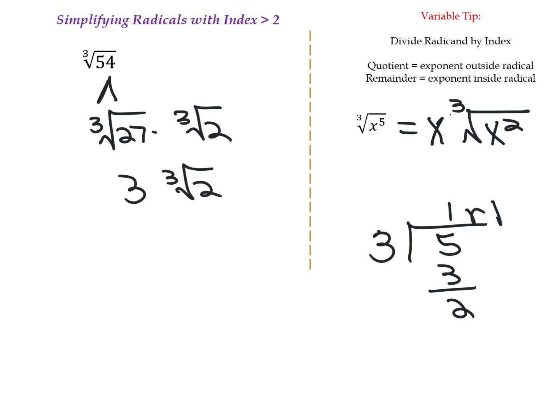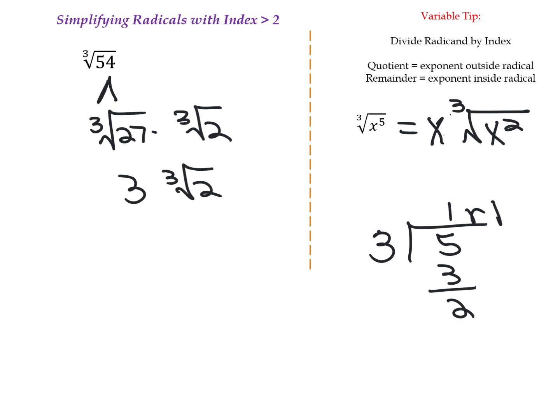So just by understanding that because this is an even number, I can divide it by 2, I can automatically get that perfect cube number in this example. So I'm going to write this as the cube root of 27 times the cube root of 2. Simplify the cube root of 27 by typing that into Desmos, and that is going to be equal to plain 3 times the cube root of 2.